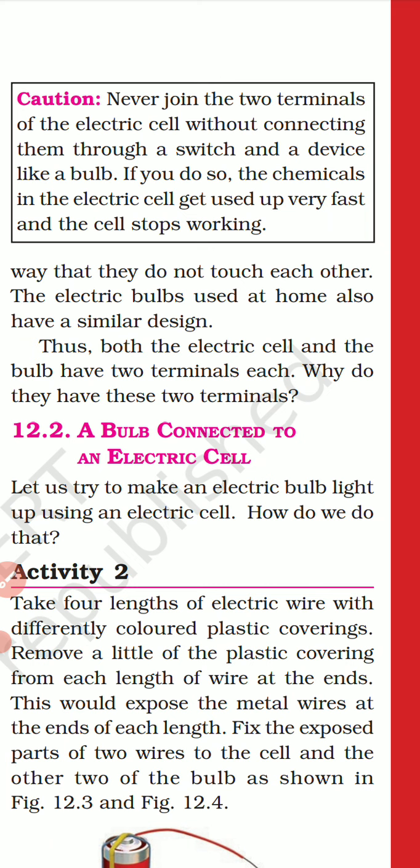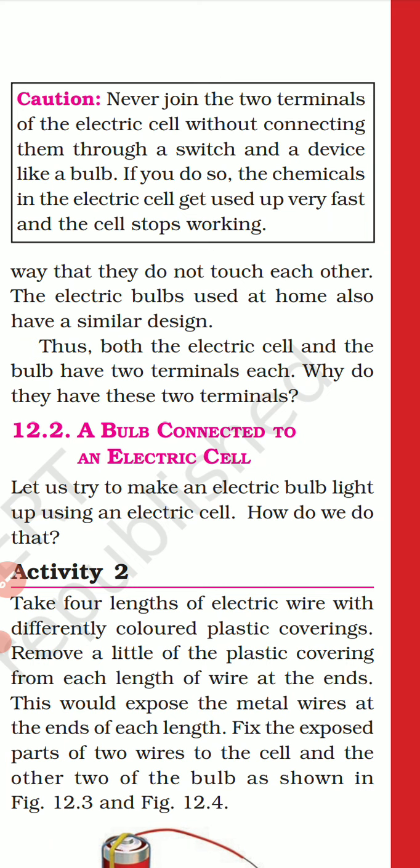Now, it will keep flowing if there is no switch. And even if you are not using the bulb, the electricity will keep flowing inside the cell. And it may happen that when you need it, the electricity has already been used, and the chemical in the cell has been used up and it's already dead.